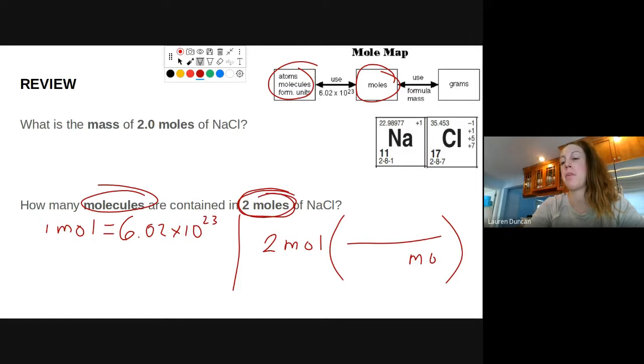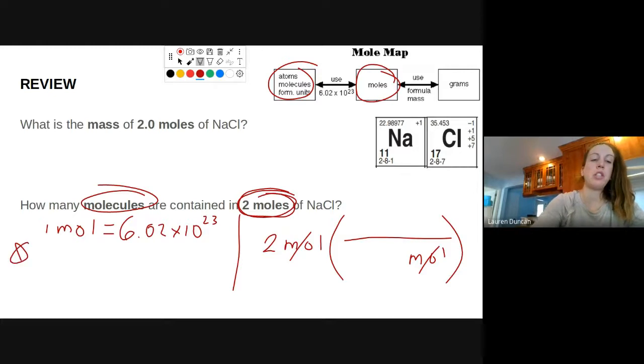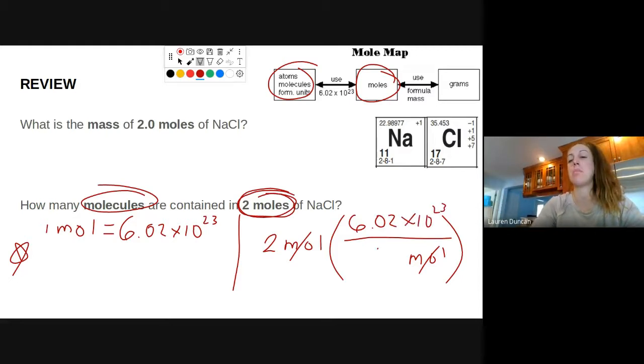Whatever unit I'm converting from is going to go in the denominator always, so I can cancel it. And the unit I want, in this case, molecules, is going to go up in the numerator. So I would use this relationship to fill in the parentheses, that there are 6.02 times 10 to the 23rd molecules per 1 mole of this substance.